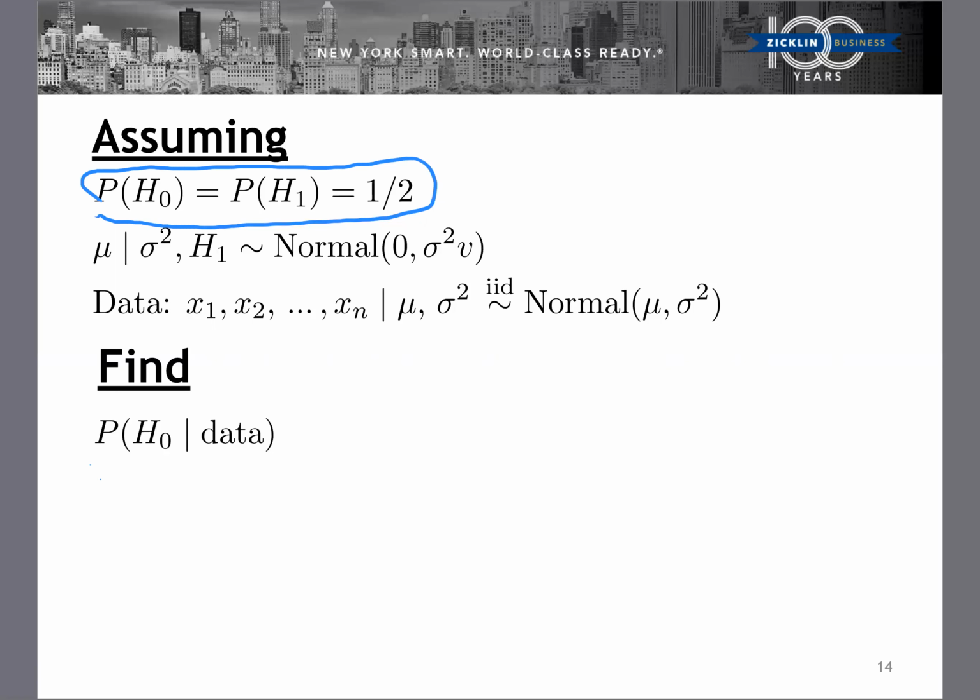I'm going to assume that the mean under the alternative, which I've been saying is unknown to you, is a normal centered at 0 with this variance. The variance is unspecified, so this is a variance which is just a letter. In practice, you can set it to any number that you want.